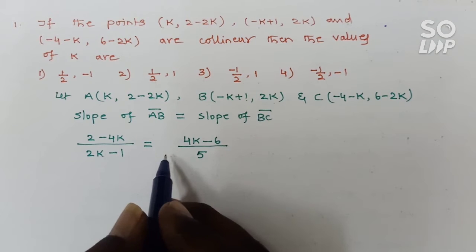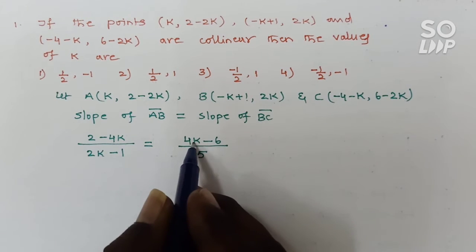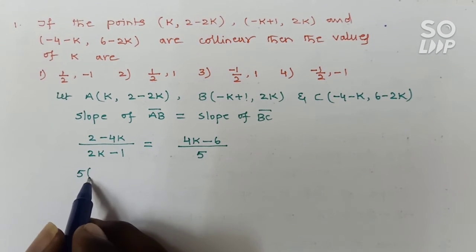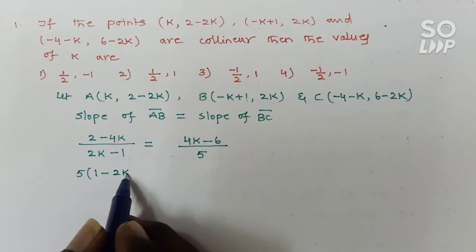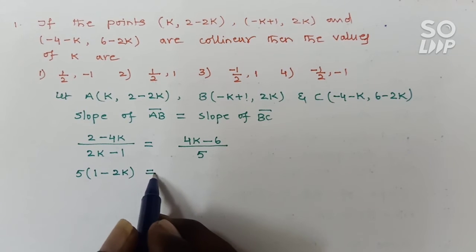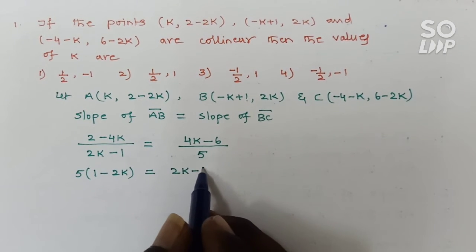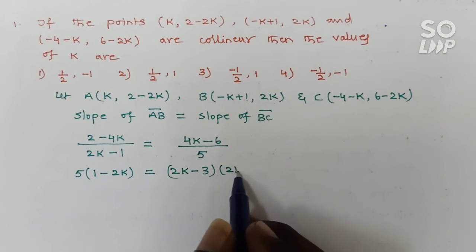Now you cross multiply this. First of all, in the numerator you can take 2 as common, here also 2 as common, and 2 will cancel on both sides. 5 into (1 minus 2k) equals (2k minus 3) into (2k minus 1).